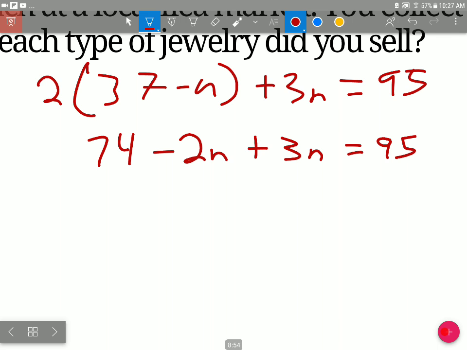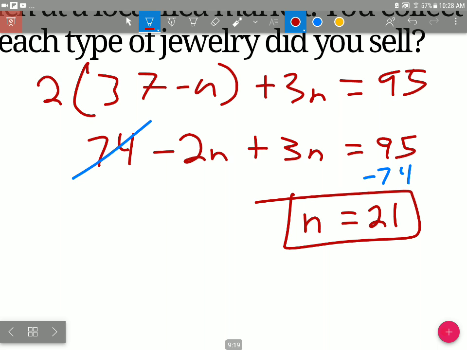Combine the negative 2N and the positive 3N. Okay, so if I combine those, how many N's do you have? 1. Negative 2 plus 3 is 1. Okay, what's the other thing you got to do to get N alone? Subtract the 74. Good. And 95 minus 74 is... I think it's 21. Yep.